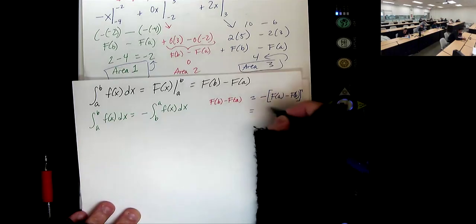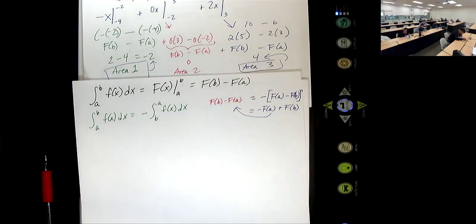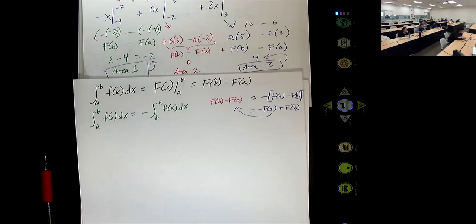But when I distribute the negative, I've got negative F of a plus F of b, which is just that rewritten in a different order. So if we switch the limits of integration, we slap on a negative sign, which is handy if you get it backwards. So that's the first property to note.